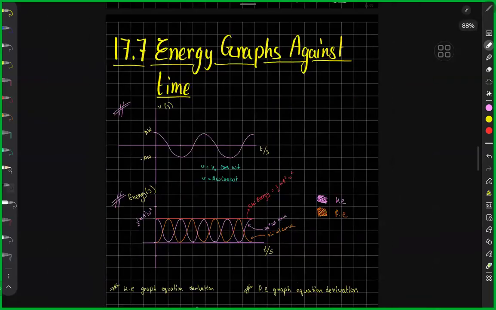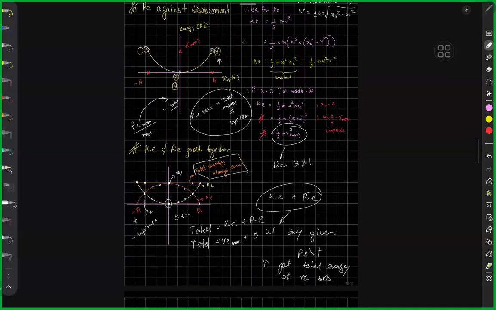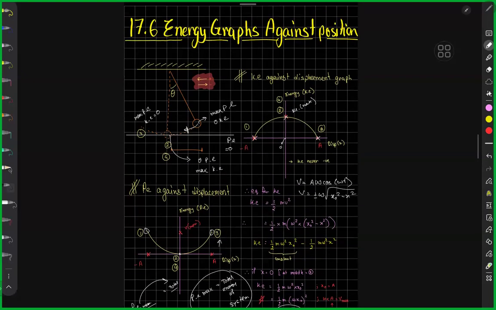Okay, fair enough. Now, prolong that idea to an extent and understand that energy changes with respect to time. Individually, kinetic energy changes with respect to time or position, and potential energy changes with respect to time or position, right? So if the position is changing, that obviously means that time is also progressing, right?